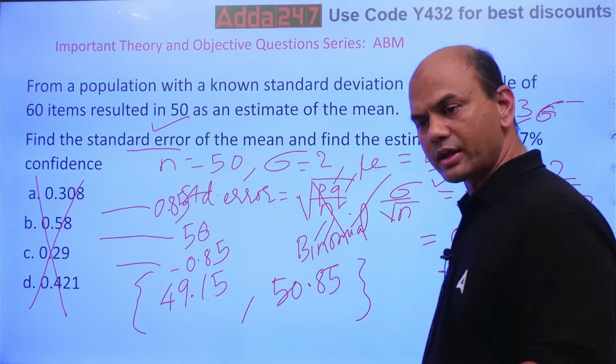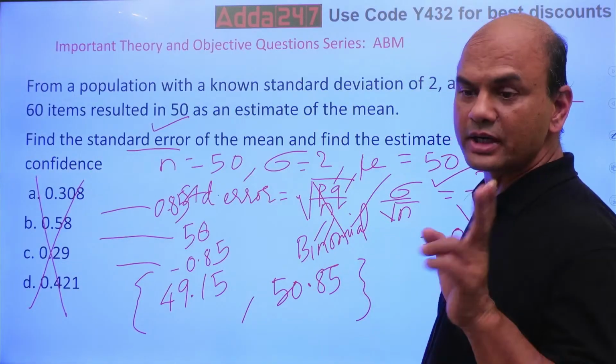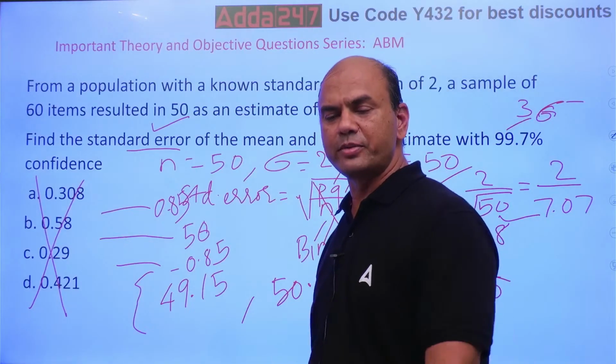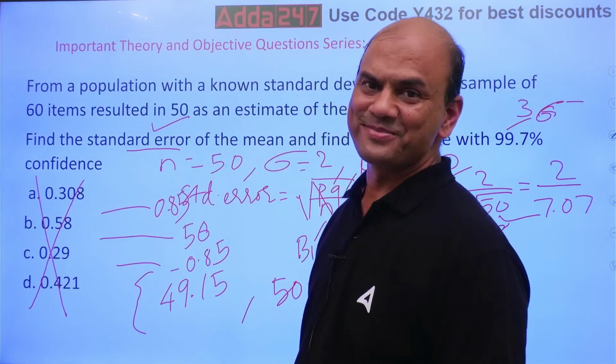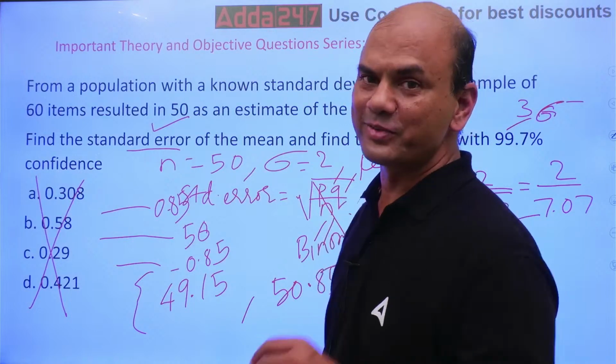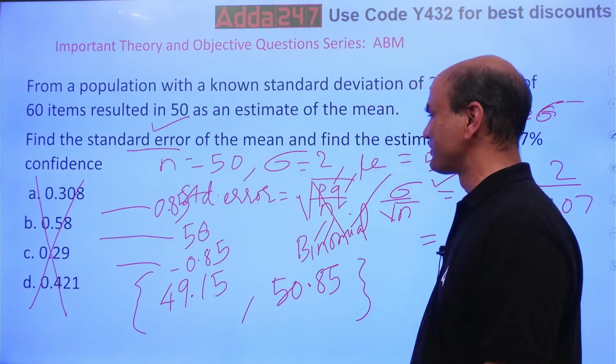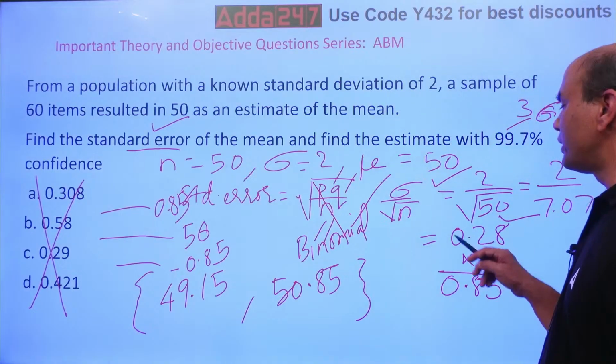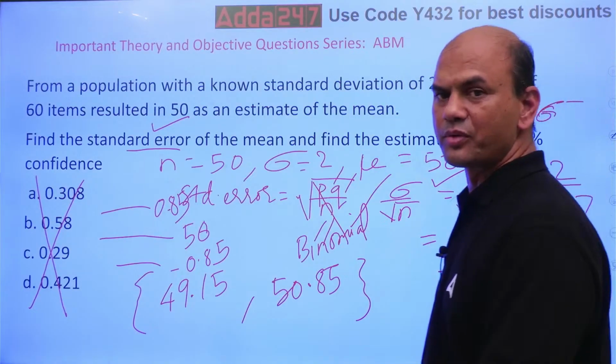Now you try, I won't give the answer now, with 2 standard errors. Means 95.5. You try with 95.5. 0.28 into 3 into 2.